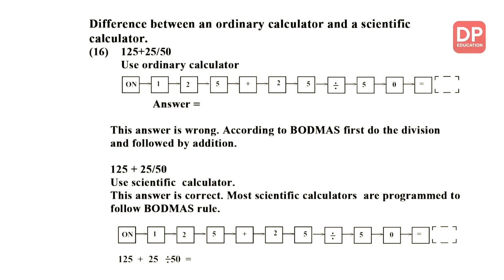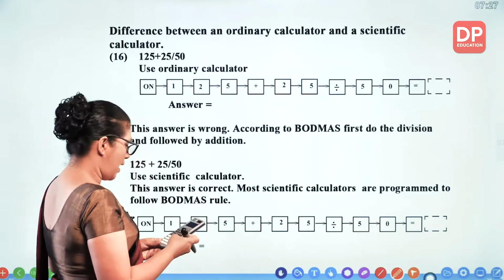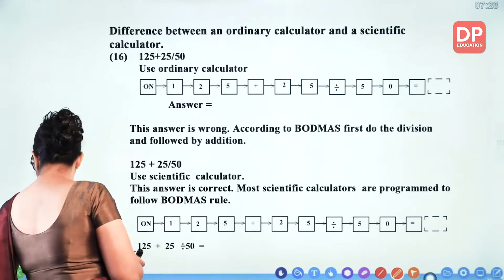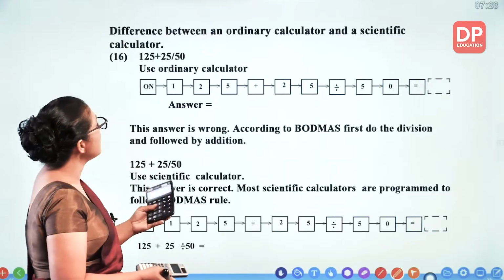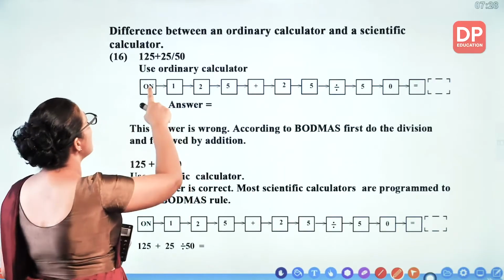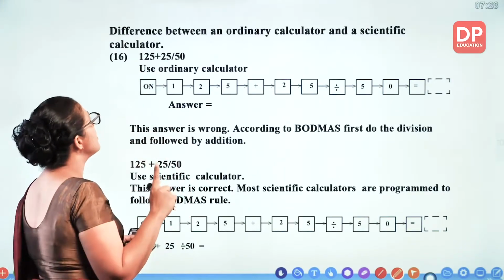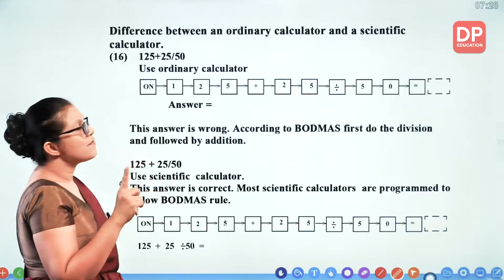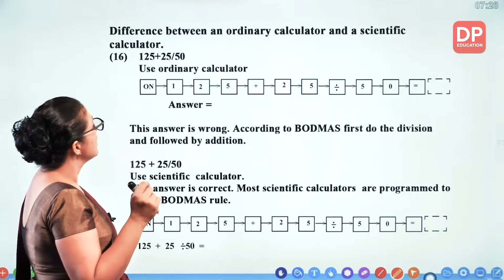Now we'll look at the difference between the ordinary calculator and the scientific calculator. I have an ordinary calculator here. I'll use that one to do this calculation: 125 plus 25 divided by 50.